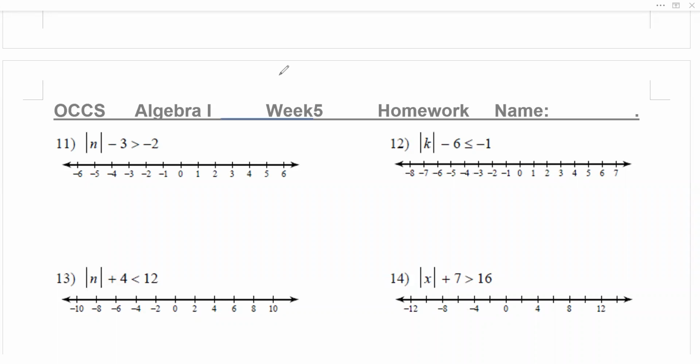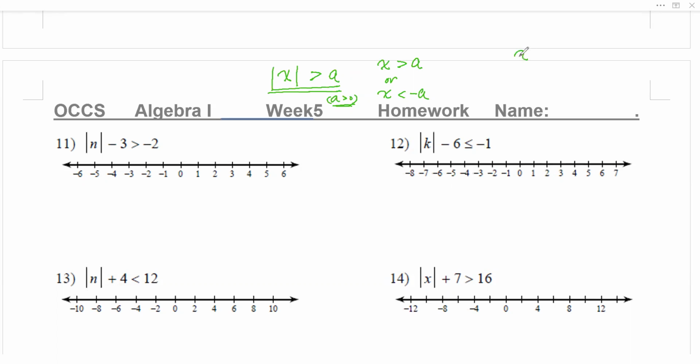We say we have absolute x greater than a. Suppose a is a positive number, all right? A is a positive number. So x has two solutions, right? X greater than a or x less than negative a. You get two solutions.